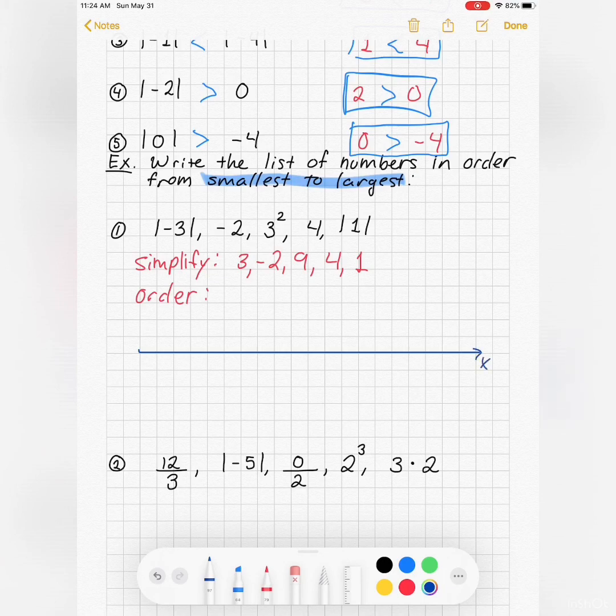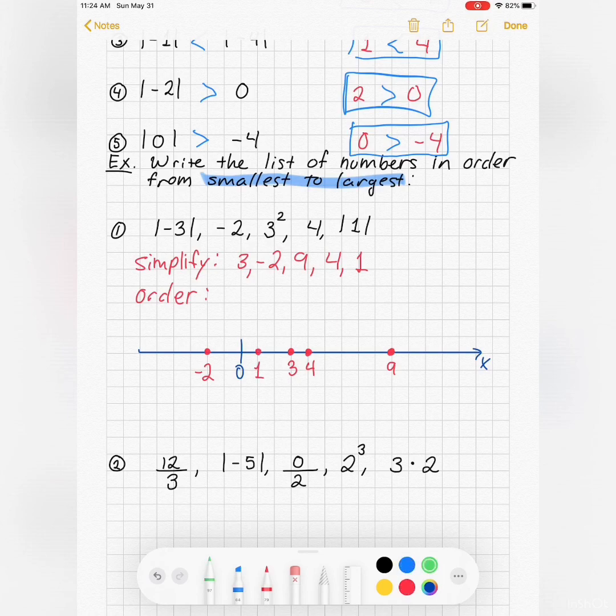Nice big number line. Here's 0. All right, so I have 3. There's 3. Negative 2. 9. 4. And 1.